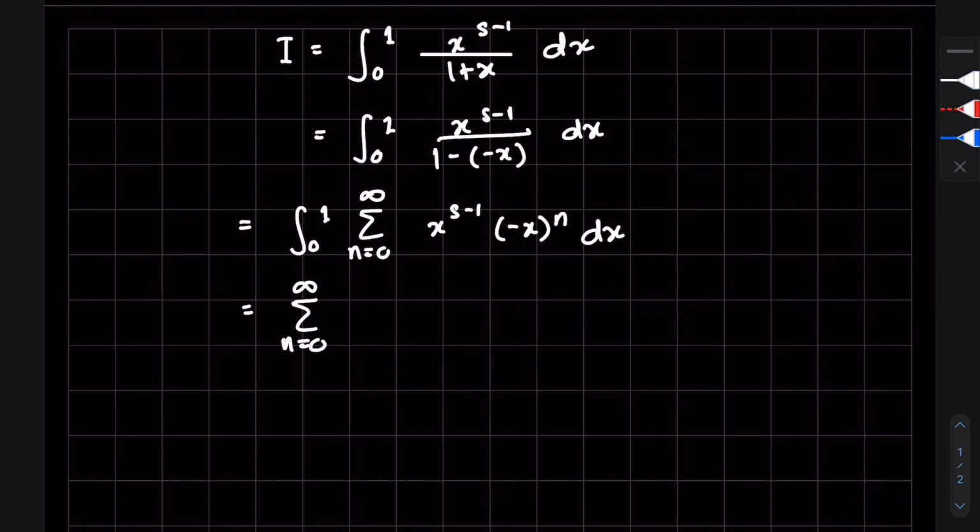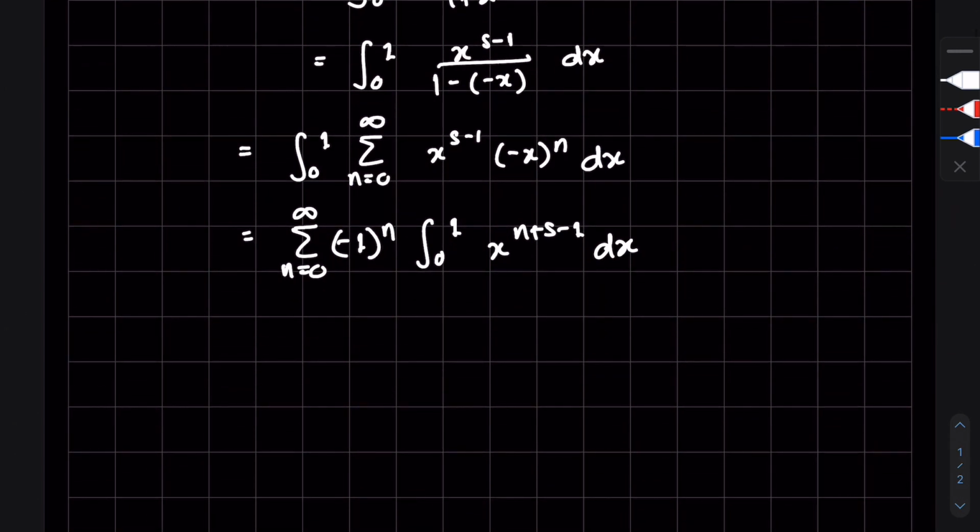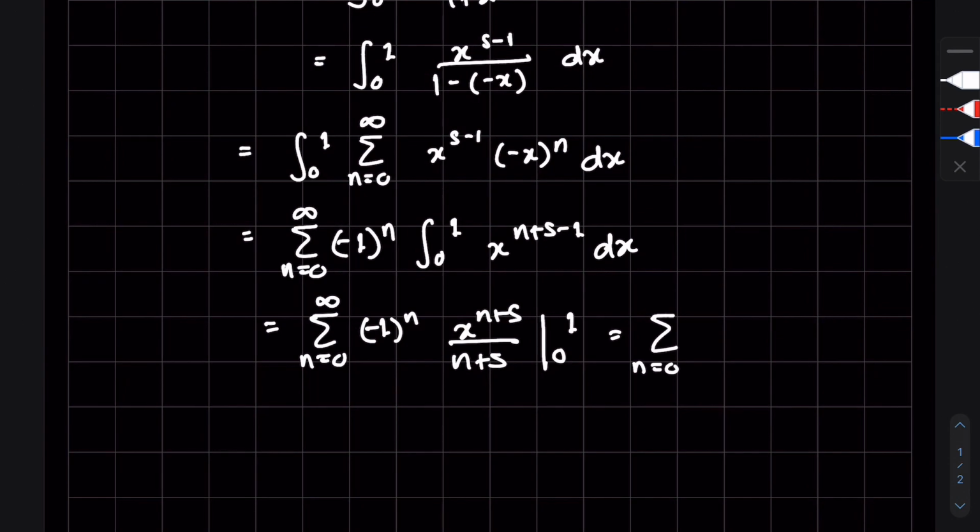Let me write this more succinctly. We have a collective x to the n plus s minus 1 dx, which we can integrate really nicely. It's just a simple polynomial. It's going to be x to the n plus s divided by n plus s, evaluated at 0 and 1. Well, the 0 value of this polynomial is always going to be 0. So we just have this over n plus s.